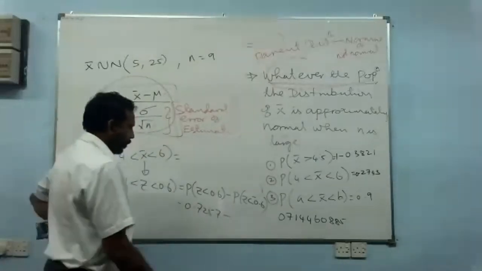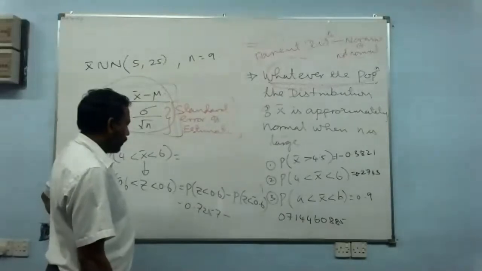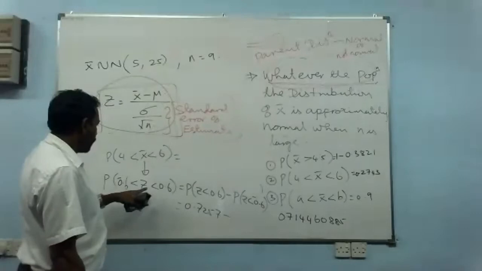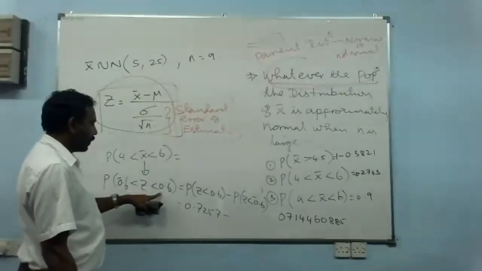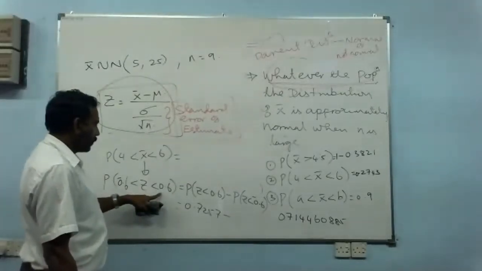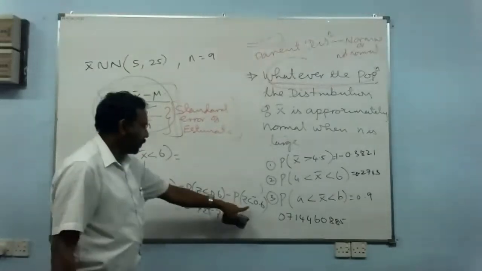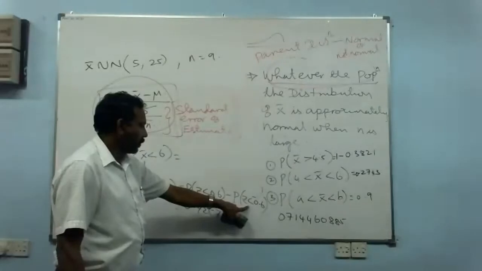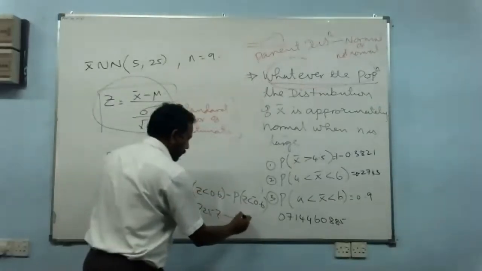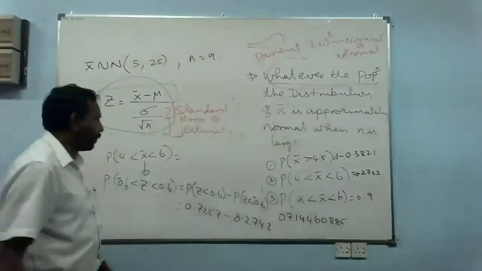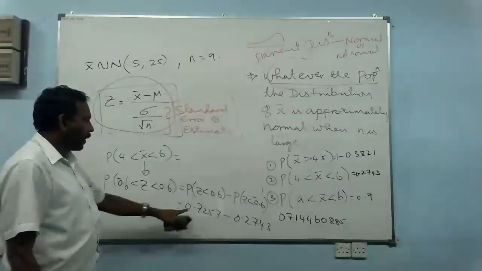No, sir. The second P Z value is 0.725, sir. Minus 0.6, sir. The value is 0.2743. Right? Is that correct?